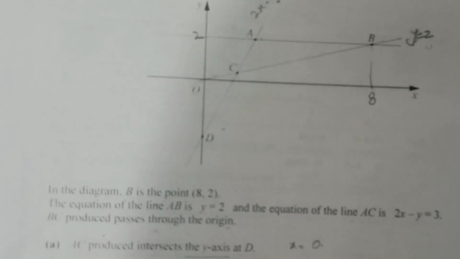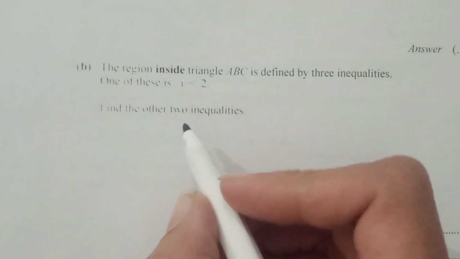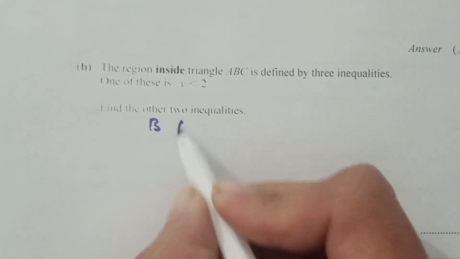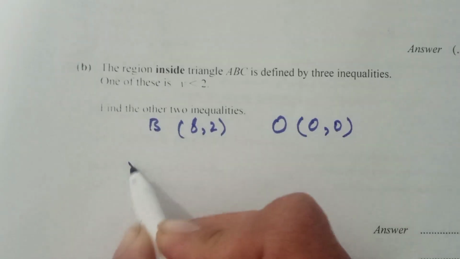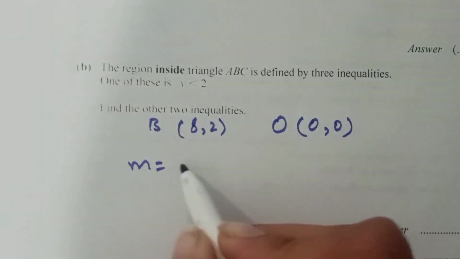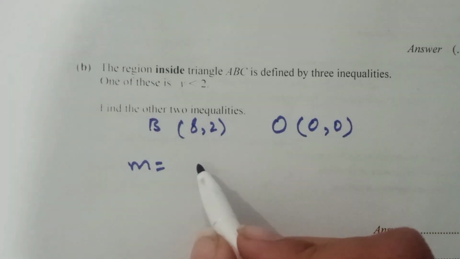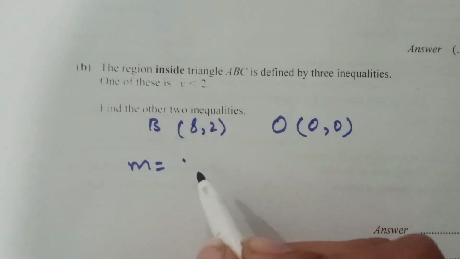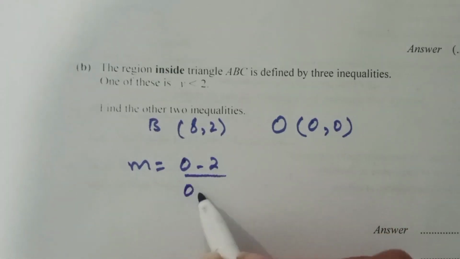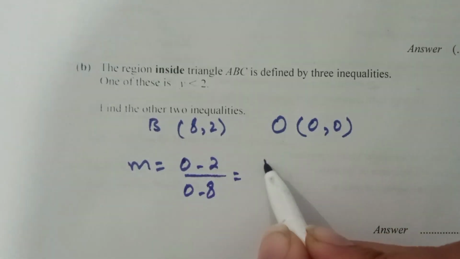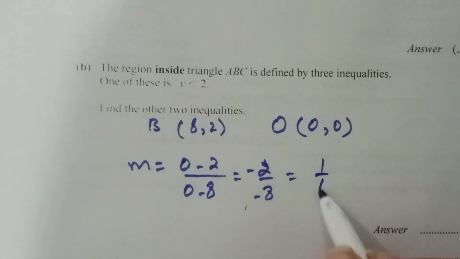Now we first find the gradient by putting these values. Point B 8 and 2 and O 0 and 0. Gradient of this line is y2 minus y1 over x2 minus x1, which is 0 minus 2 over 0 minus 8, and we get, minus cancels, 1 by 4.